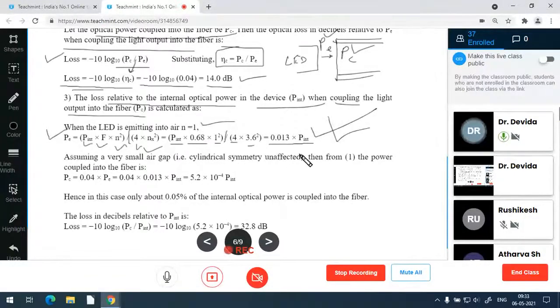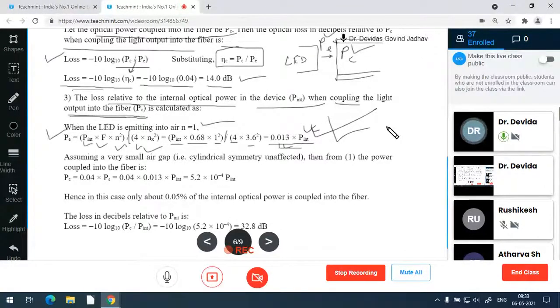PE is equal to 0.013 P internal. Why have we kept P internal as it is? Because we have to take the ratio of PC and P internal. We have to calculate the loss relative to the internal optical power in the device, P internal, while coupling the light into the fiber, PC.